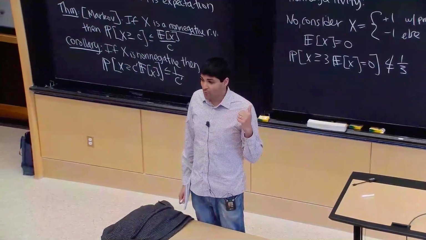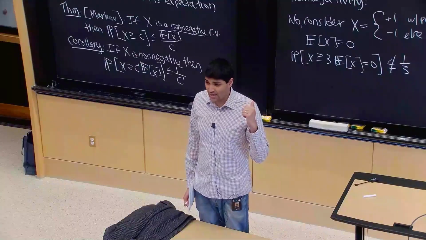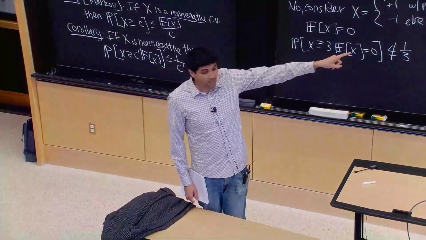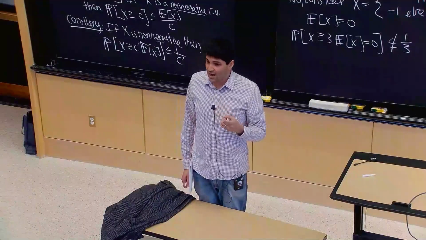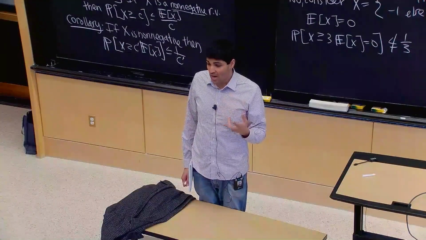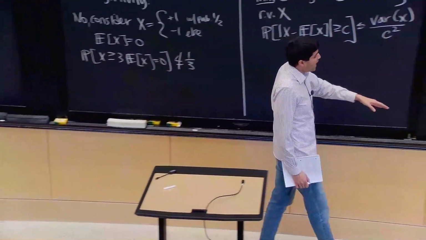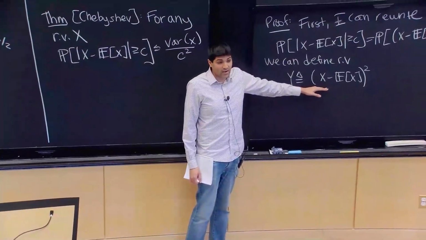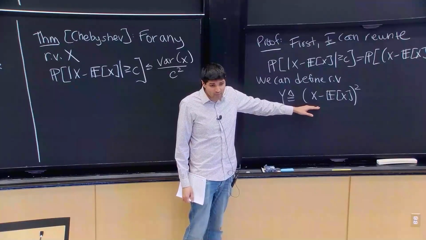But if you remember, for Markov's bound, we needed that the random variable we are looking at is non-negative. For Chebyshev, I'm not assuming that x is non-negative to begin with. So what I have to do is manufacture my own non-negative random variable. And that's this new random variable y that I just constructed right here. This is definitely non-negative because I'm taking the square of a value.